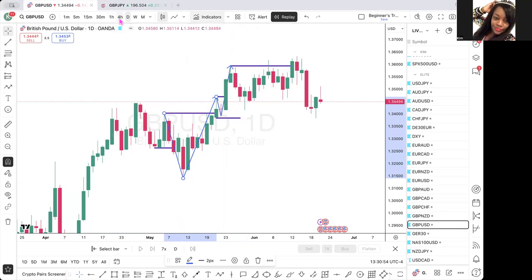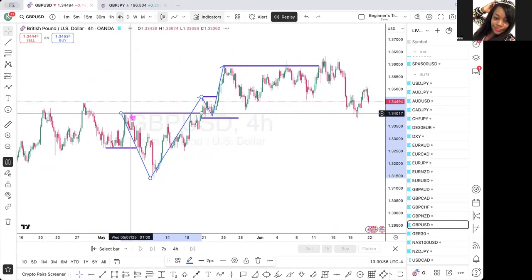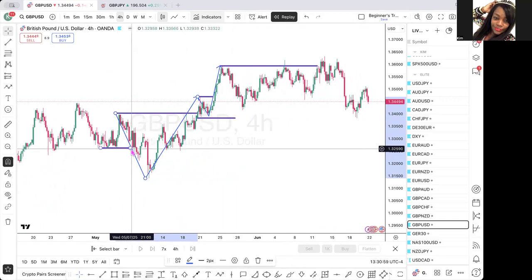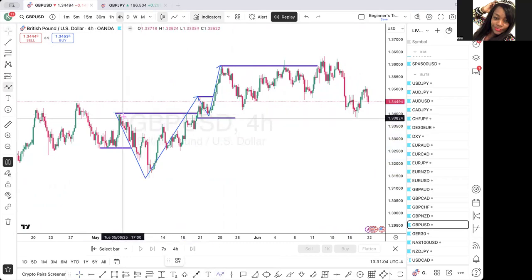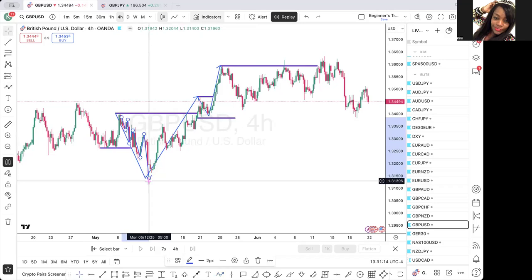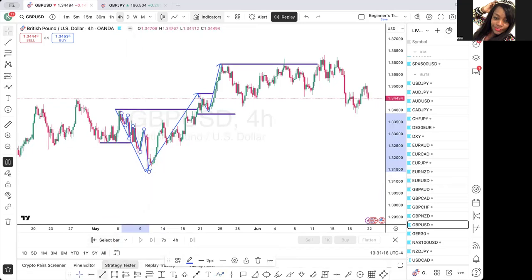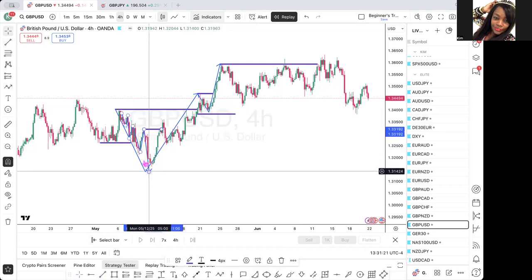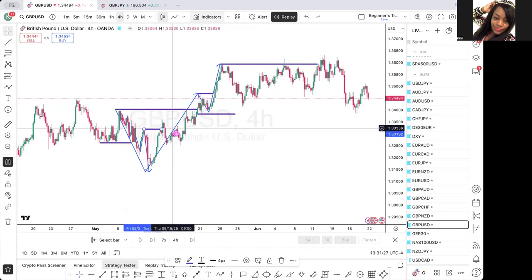So now if I go down to the 4 hour, you see the break of structure, and then there is some internal structure in there, right? You got this push down, this pull up, this push down, this pull up, this push down, this pull up, and this push down. And then price broke internal structure of that move, of this one big move down. Price broke internal structure, pulled back to your imbalance.